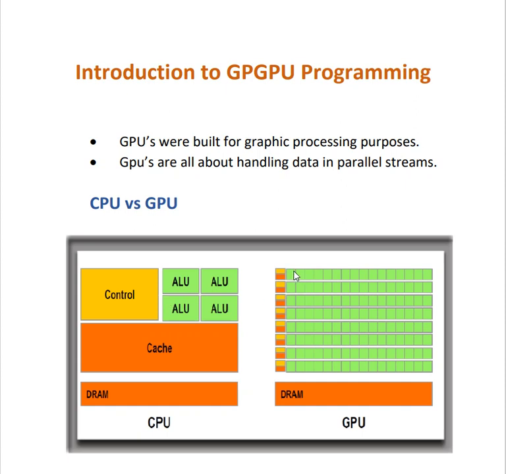When the number of cores is high, we know that inside the cores there are several threads. Here in a CPU there are only 4 cores. If we take one core to have 4 threads, then the maximum number of threads which can be processed inside the CPU is 16.